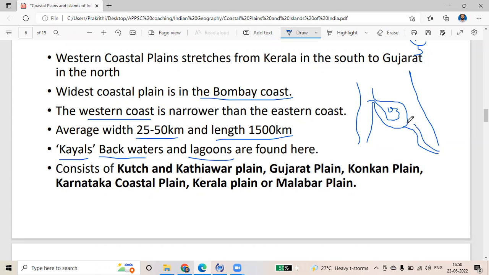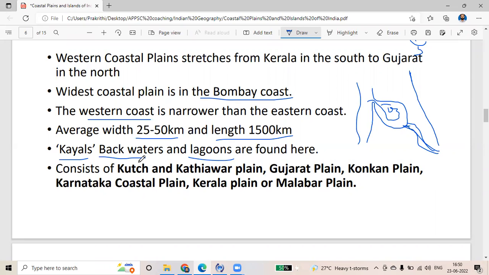Rivers will flow up to these kayals or this lagoon area. So kayals means actually lakes. So there are multiple lakes and also lagoons in this area. That is a peculiarity of the western coastal plain area.